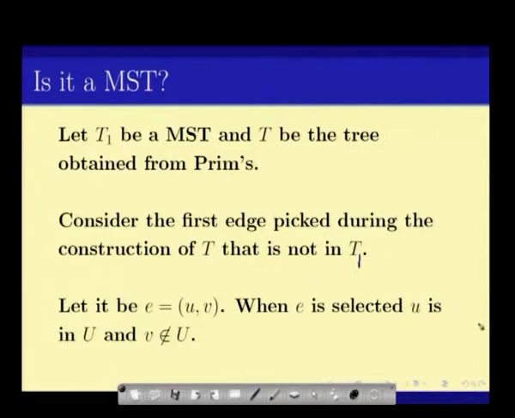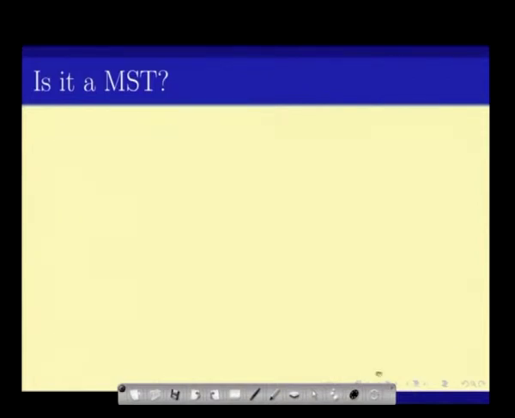So, that is not in T1. Remember that is exactly how we did it earlier, and let it be the edge UV. Now, when this edge was selected, note that U was colored and V was not colored. So, let us try to understand where we are now. Here is this tree that we have.